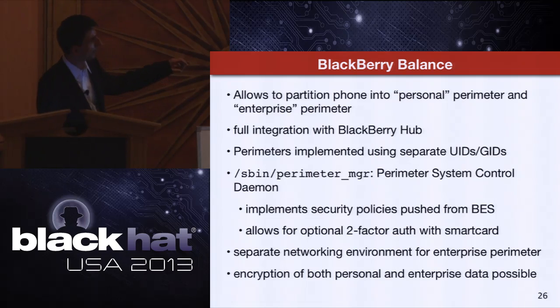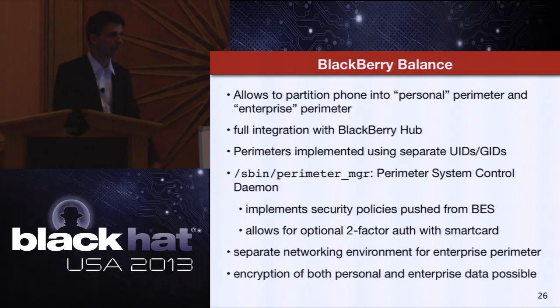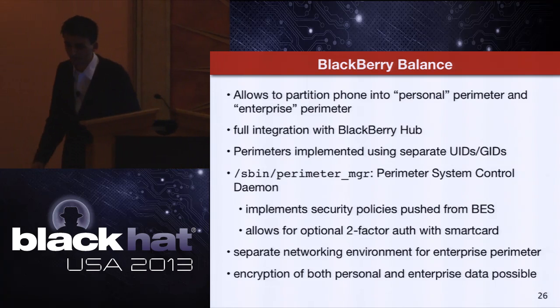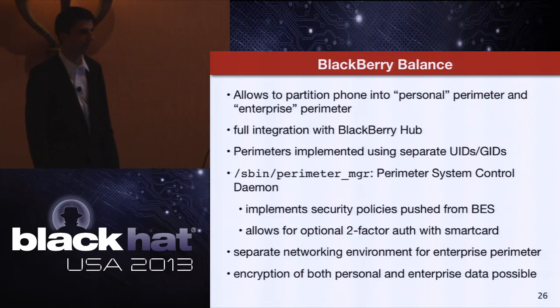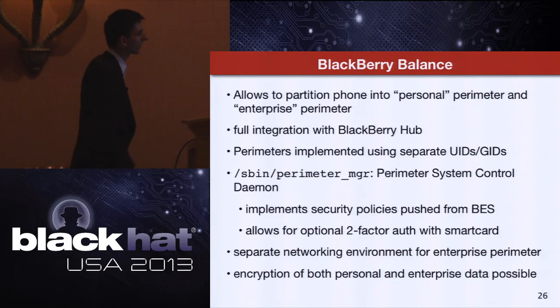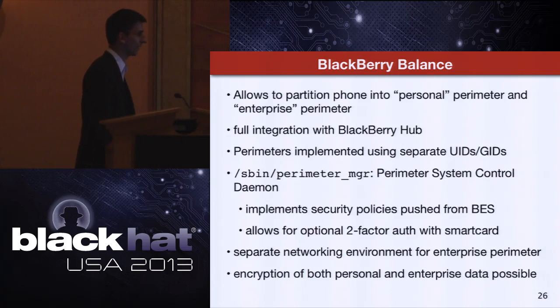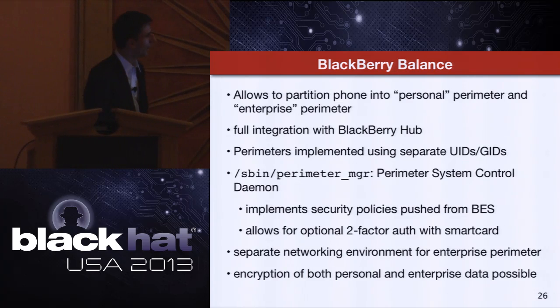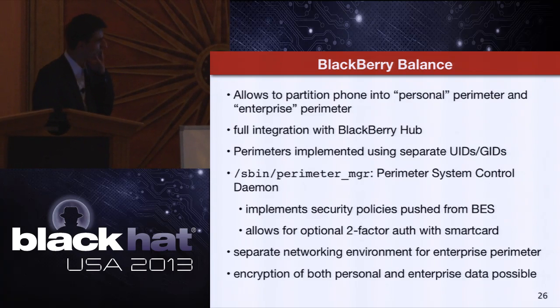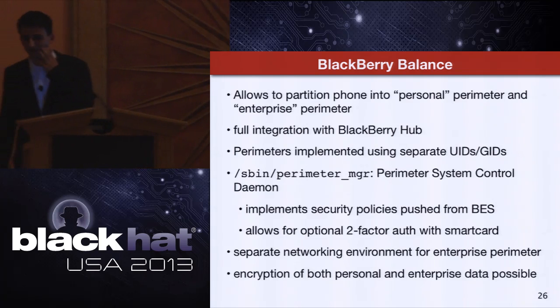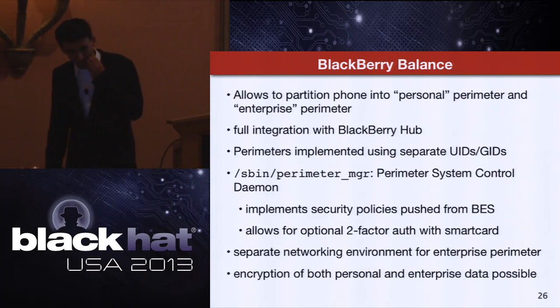And this basically translates the security policies to things that are usable for the rest of the system, for instance, to Authman configurations, and also allows for optional two-factor authentication with the smart card. But I mean, really, if it's sufficient to root the device, I don't know why you need a smart card.